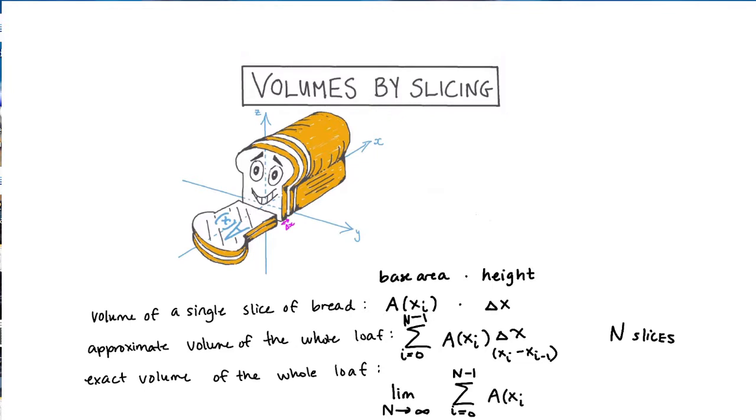So this is a very similar formula to what we did with our two-dimensional regions. And we learned that taking the limit of our Riemann sum gives us an integral. So where you start slicing the bread to where you stop, the area function.